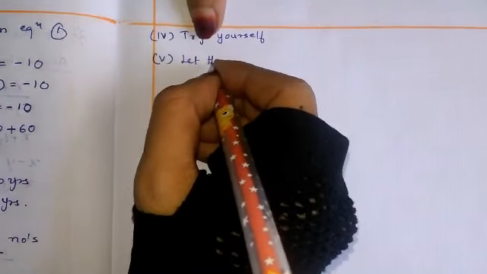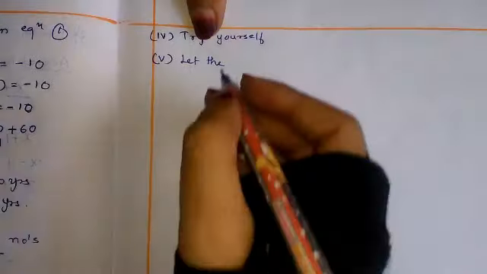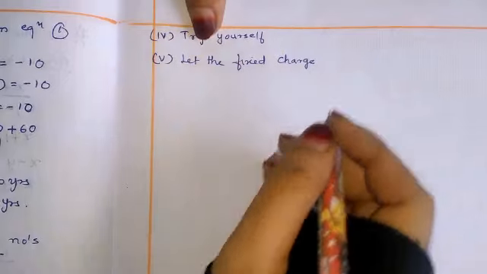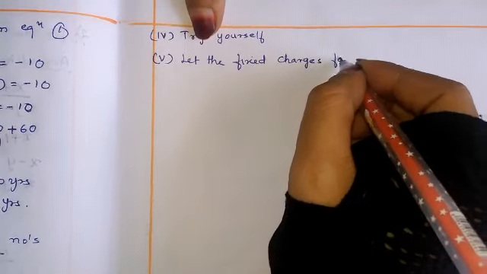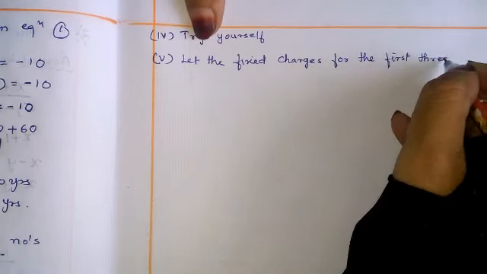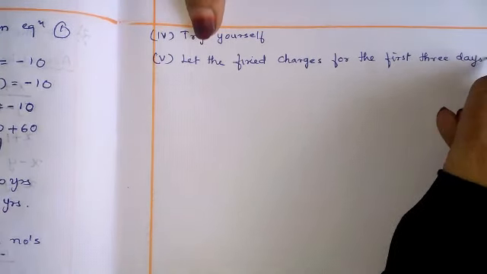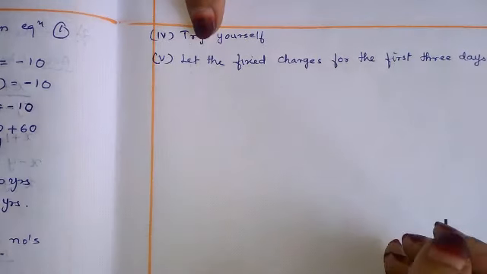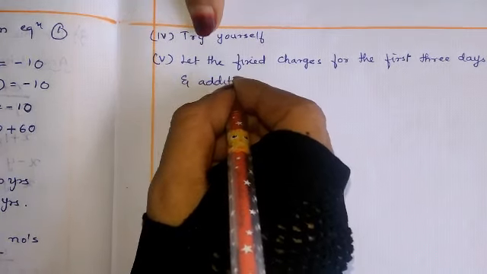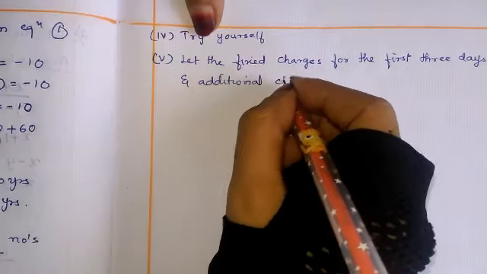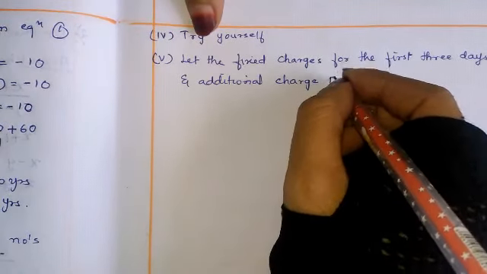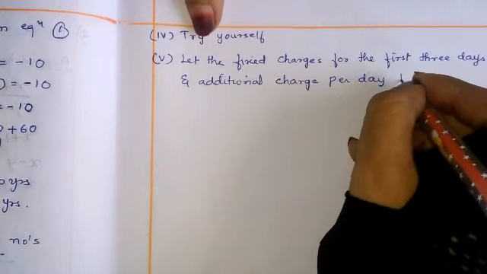Let the fixed charges for the first 3 days be rupees x, and additional charges per day be y.